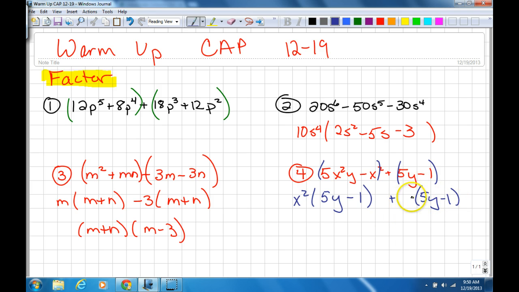Now, notice that there's nothing in front of the brackets there, so I can put a 1 there. Okay? There was nothing to factor out, but I could put a 1 in front of the brackets. If I do that, I can write this as 5y minus 1 and x squared plus 1. So that's it for our warm-up today.